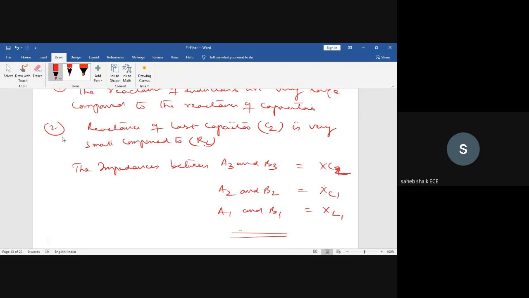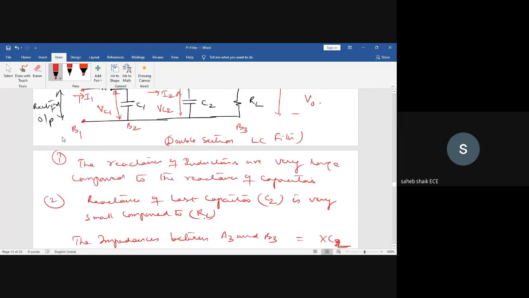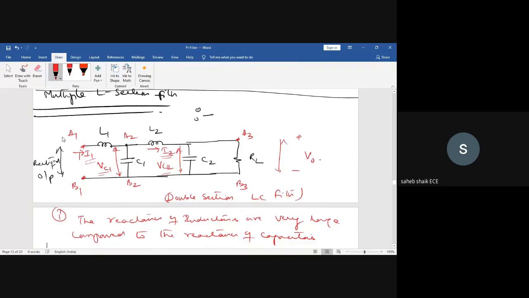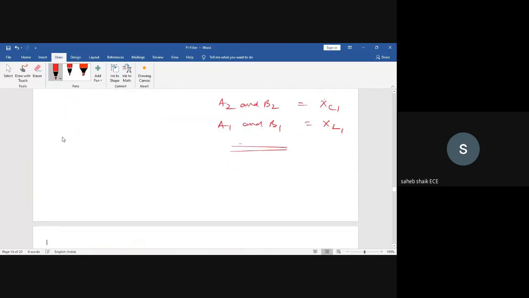Now we have to calculate the respective currents in the given circuit. Here one is I1, one is I2, and the voltages are VC1 and VC2. We'll see the respective currents and voltages. For the first section, take I1. I say that this is the IRMS dash of the L1 C1 filter.